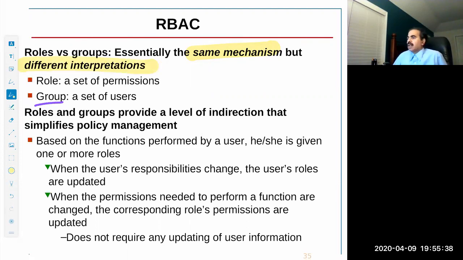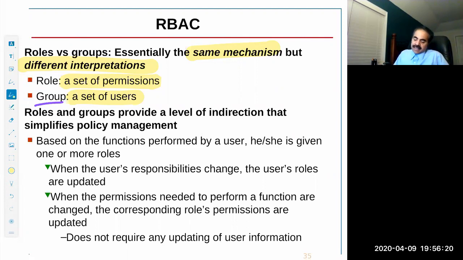What do we mean by a role? What we understand from the word role versus what we understand from a group is a little bit different. A role is a set of permissions, whereas a group we think of as a set of users. If there is a group, what are the set of users in the group? Whereas a role is related to a particular function, and we can ask what permissions one needs in order to carry out this function.